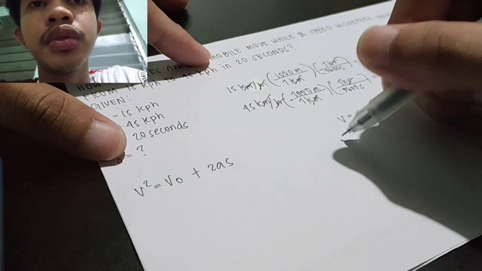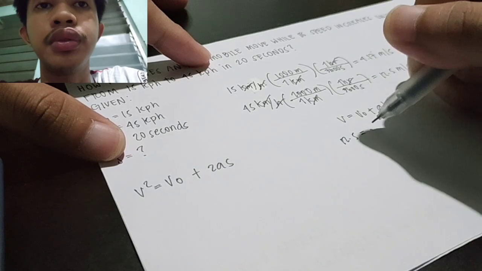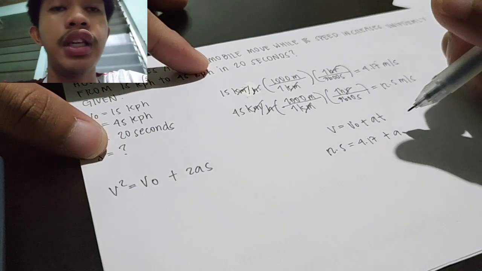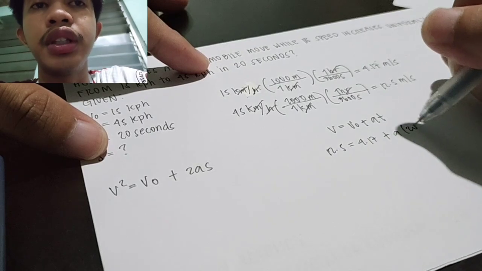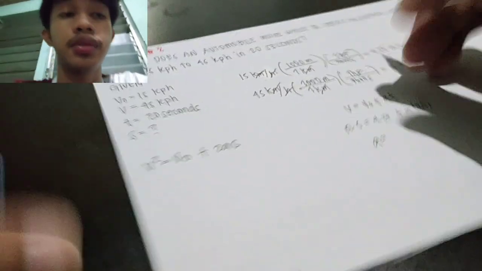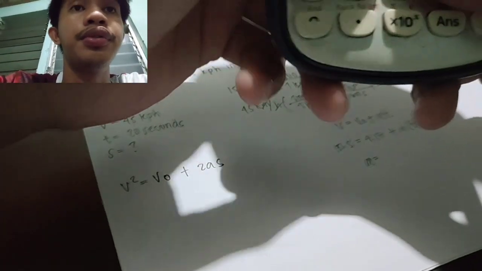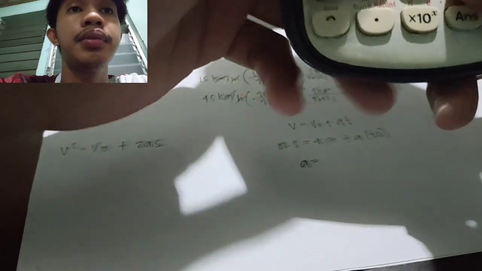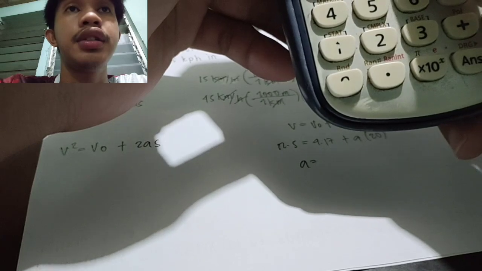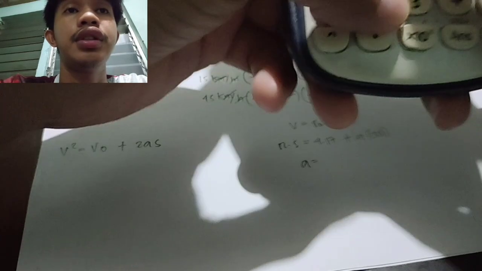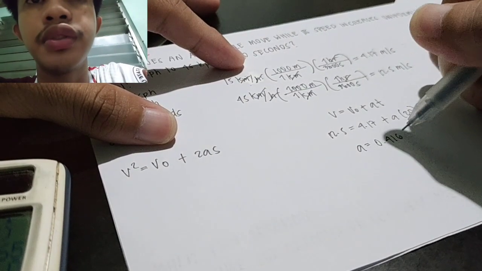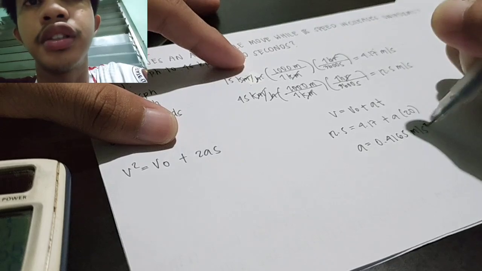So 12.5 is equal to 4.17 plus A, which we are finding, times time 20. So A is equal to 12.5 minus 4.17 over 20. So the acceleration would be 0.4165 meters per second squared.